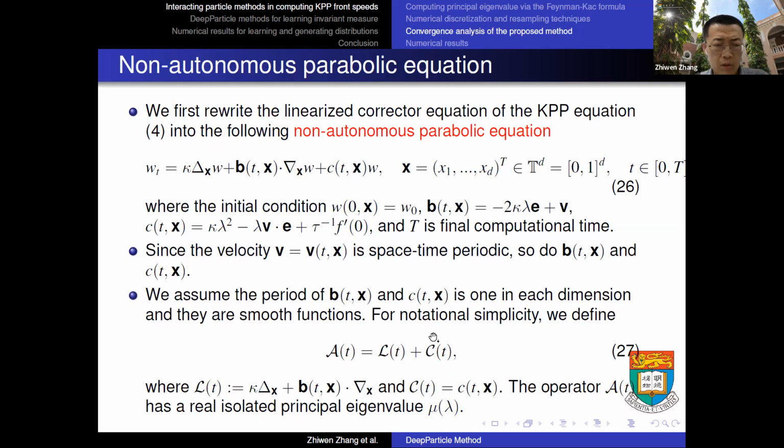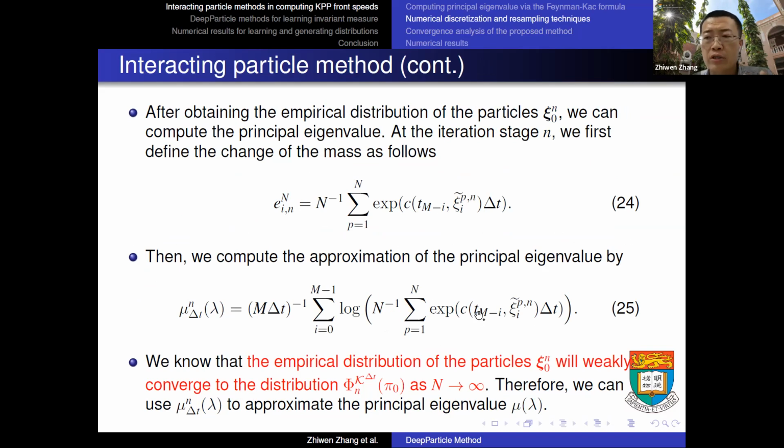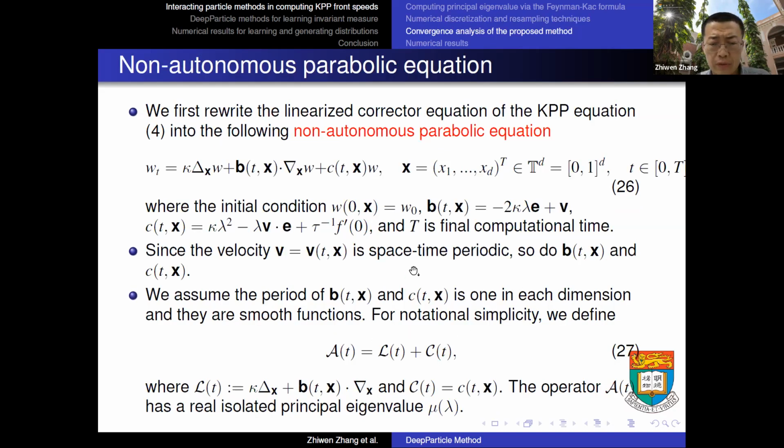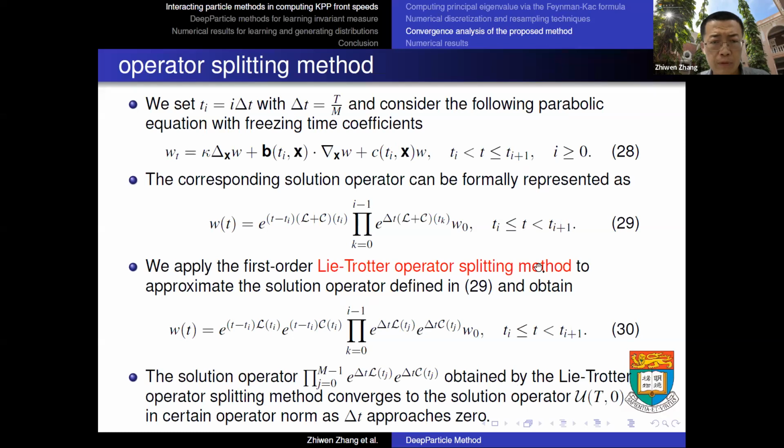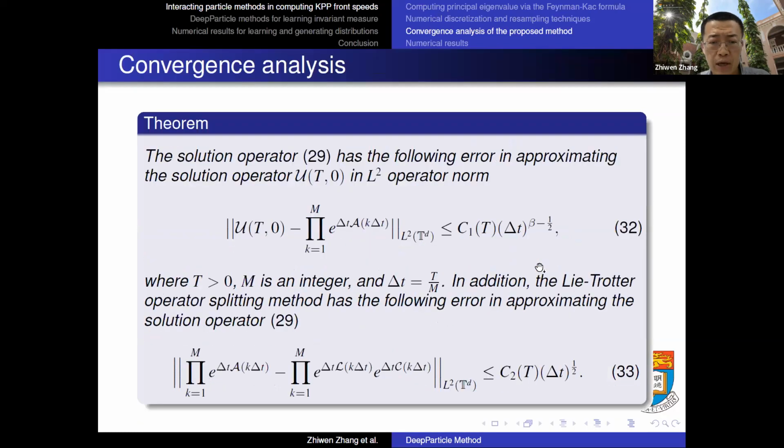Then we mainly focus on the error from delta t and small n, these 2 sources of error. This error analysis part is boring and technically involved, so I quickly skip it. If you want to know more, you can check the paper.